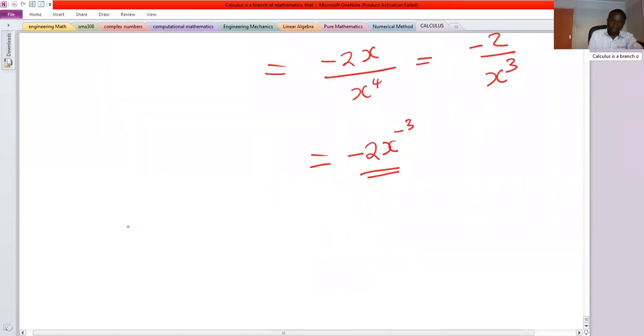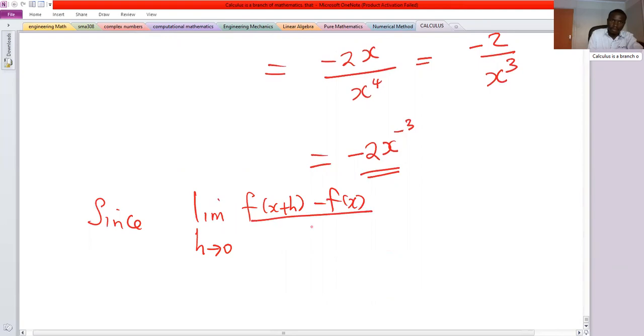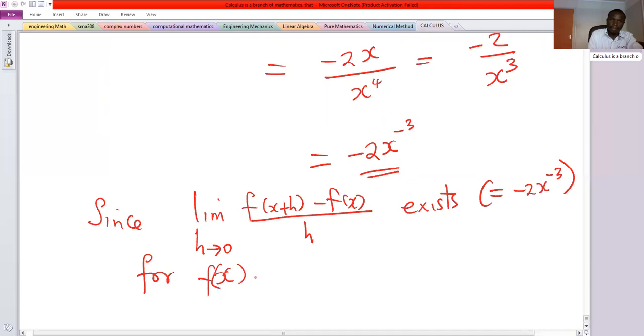So since the limit as h approaches 0 of f of x plus h minus f of x over h exists, which is minus 2x raised to power minus 3, for the function f of x, actually for all values x not equal to 0, because when x is 0, it will not be defined.